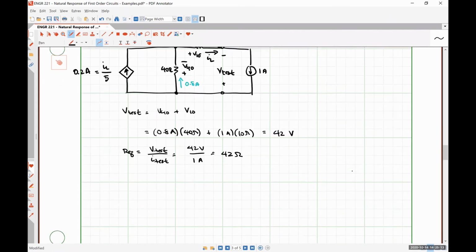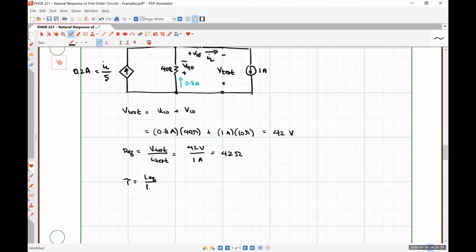And then tau is equal to 48 millihenries divided by 42 ohms, yes, thank you, is 8/7 of a millisecond.